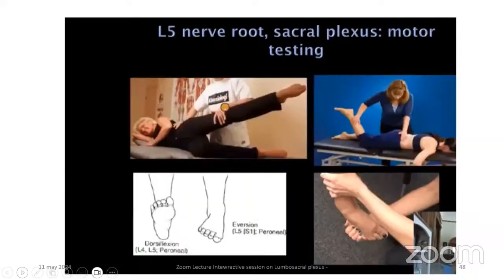Then the L5 nerve root and sacral plexus. Again, you can see the hip abduction. You have to master this technique of hip abduction. This is the hip extension, and of course, inversion and eversion. When a patient comes with a foot drop, the most important test you have to do is the inversion and eversion test.